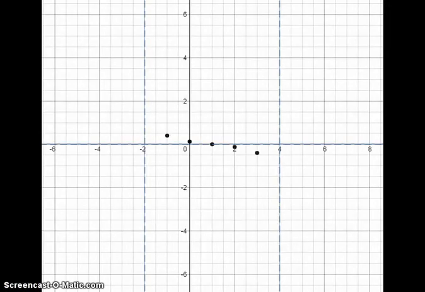So here are 2 points to the left of our x equals -2 asymptote, and here are 2 points to the right of our x equals 4 asymptote. So we're starting to get a really good idea now of what's going on.